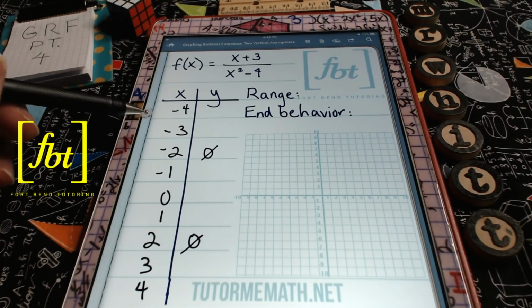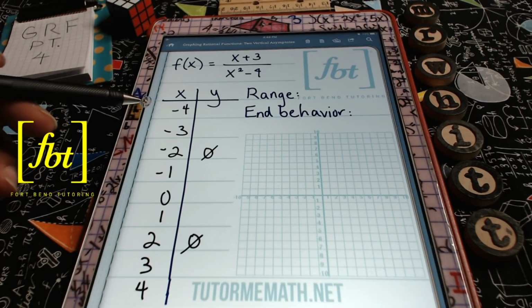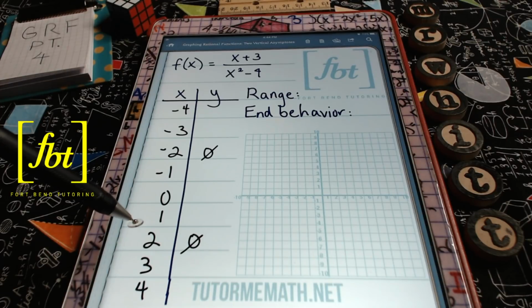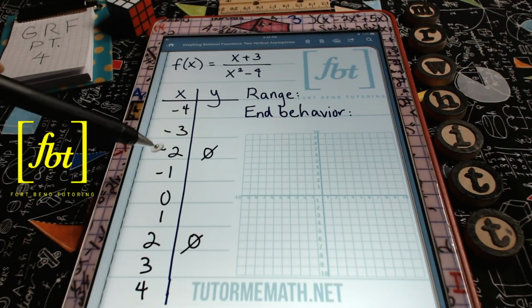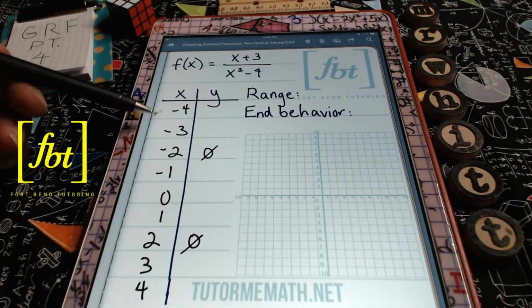So what I did was I first started with the values that are undefined, aka the vertical asymptotes in my function. I wanted to make sure that I was recognizing the fact that x cannot equal -2 and x cannot equal +2, so I wrote those first on my x and y chart. Then I want to know what happens to values to the left of -2.